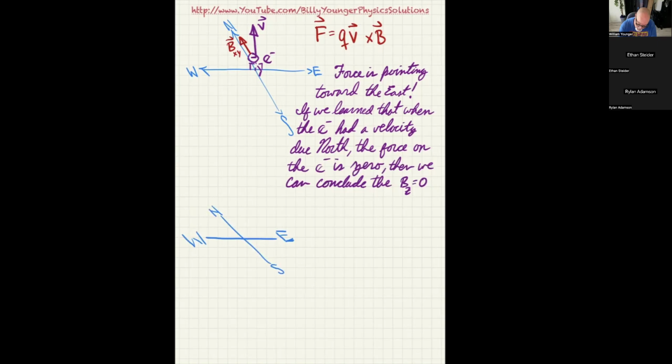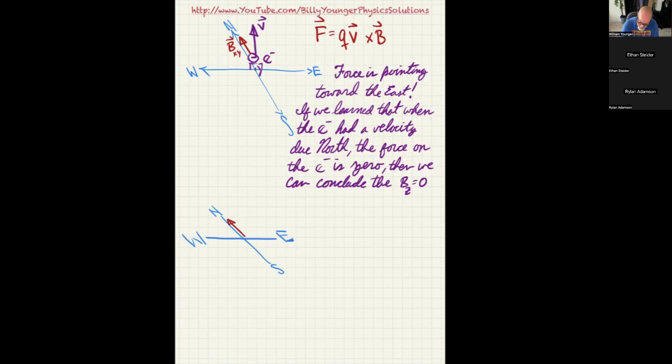Now let's imagine that the magnetic field, I need to get a different color. Let's imagine the magnetic field is pointing in the north direction again, because that's what the magnetic field points when you're near the ground and near the North Pole. It should point basically due north.